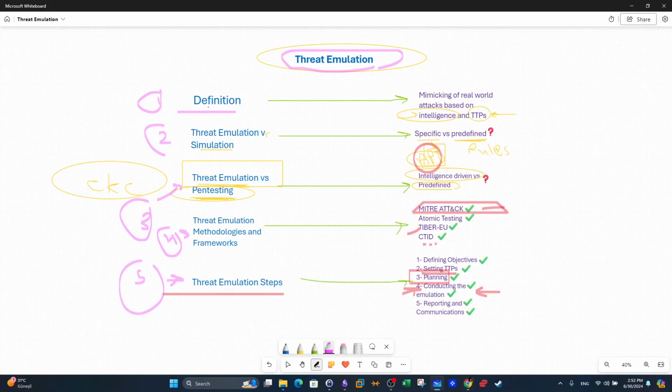Okay, let's start with the definition of threat emulation. Threat emulation is the mimicking of real-world attacks based on intelligence and TTPs. That's the hallmark of threat emulation.